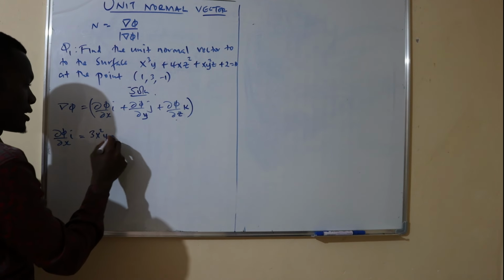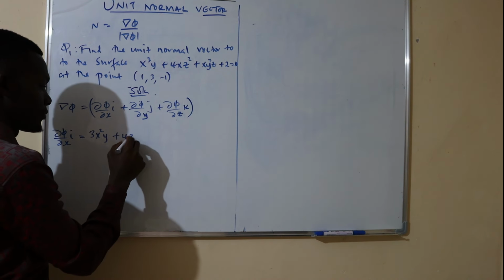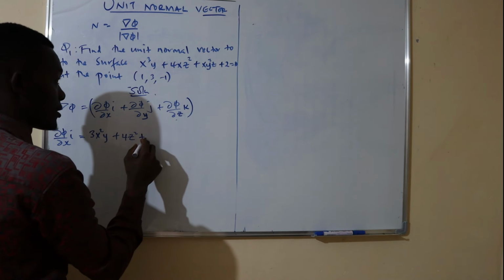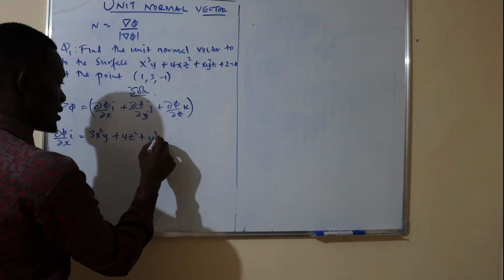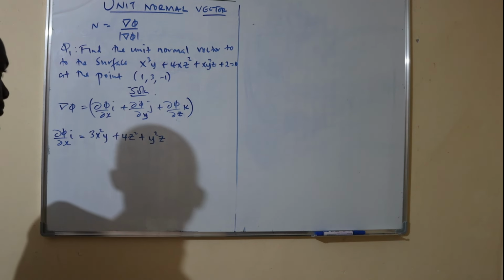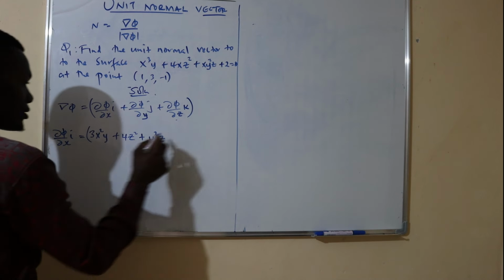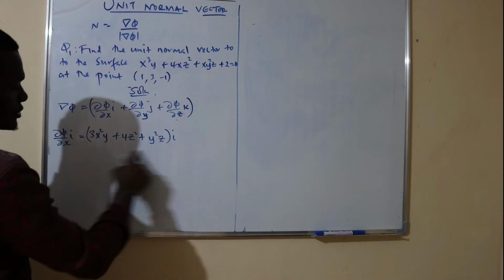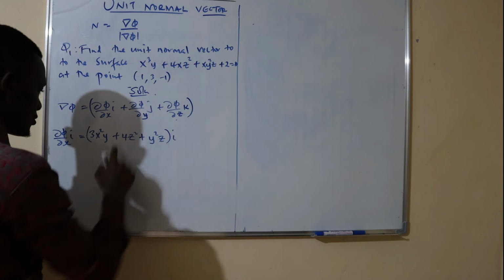We also have an x here, but the x goes, you remain with 4z squared. We have an x here also, so you remain with y squared z. Differentiating a constant gives you 0. Then you're supposed to put i. I'll leave some space here for the sake of replacing our limits.